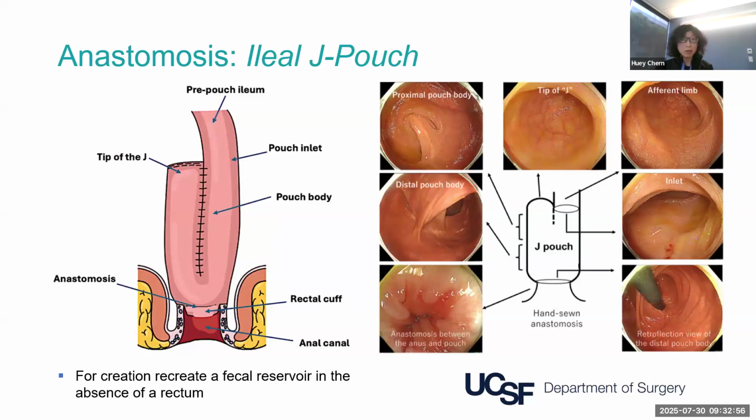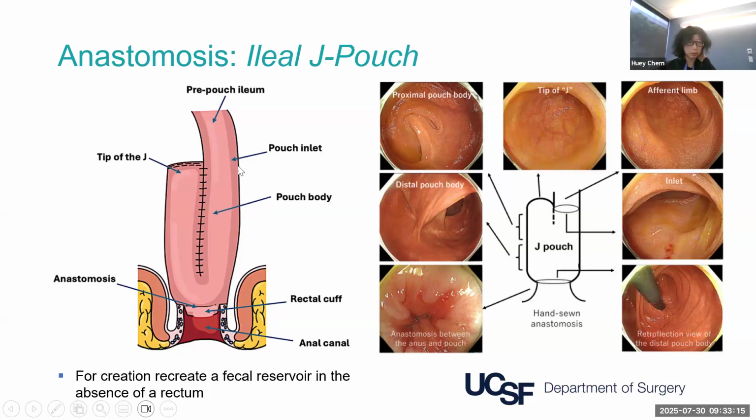Moving on to this other anastomosis, the ileo pouch anastomosis. Again, I think we looked at this earlier, but it's the ileum that's folded in a J shape, and the common channel is created between the two limbs.